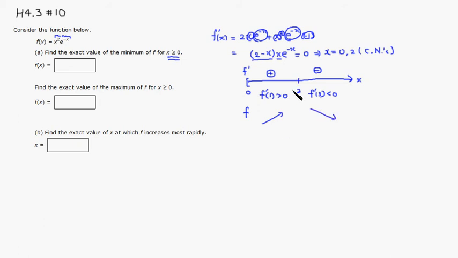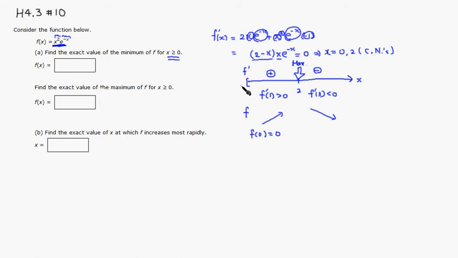So we know that the maximum will occur at x equals 2, that's for sure. Also at 0, f of 0 is obviously 0, and the function is always positive except when x equals 0. So the minimum value is going to be 0.